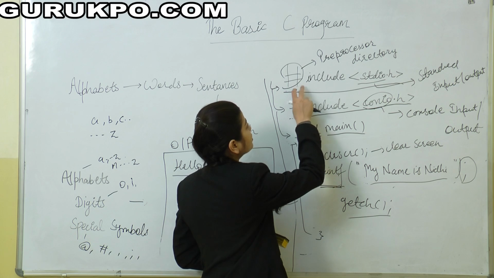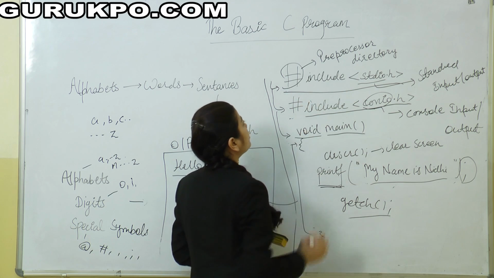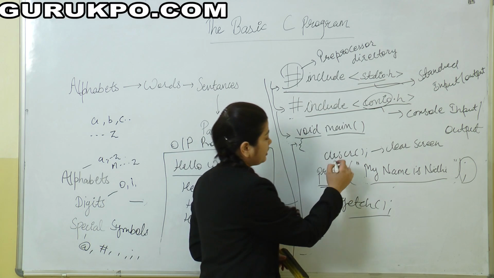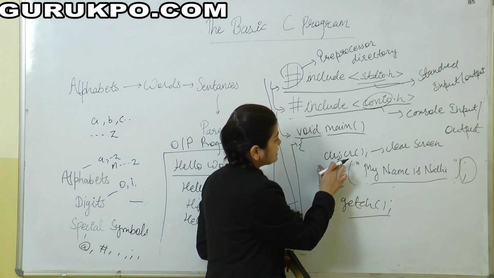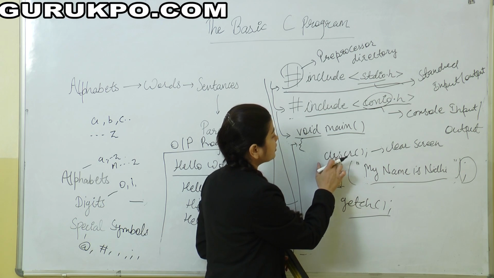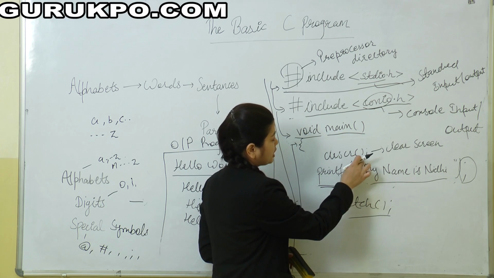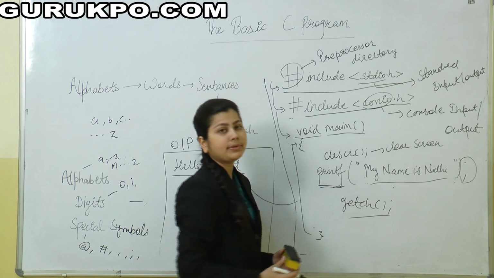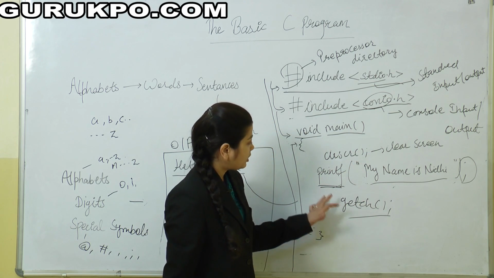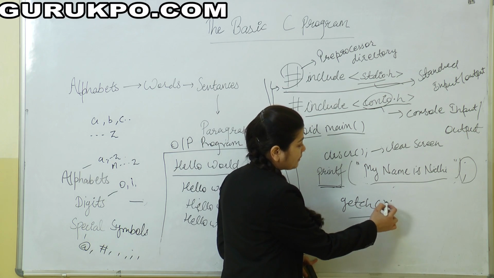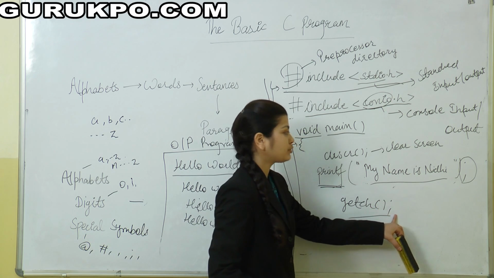There is no space in clrscr. The clrscr is written together, and after the parentheses we use a semicolon to terminate the statement. And here getch is also a function, and after the parentheses we use a semicolon to terminate the statement.